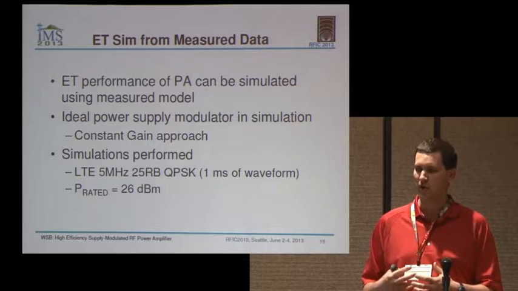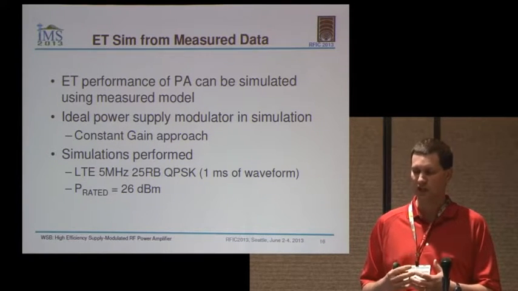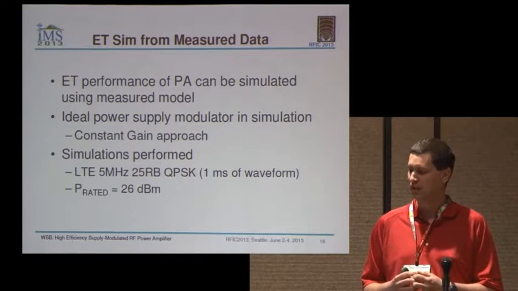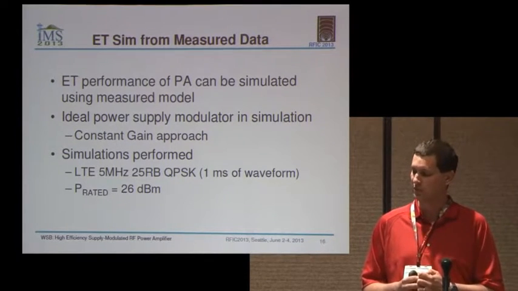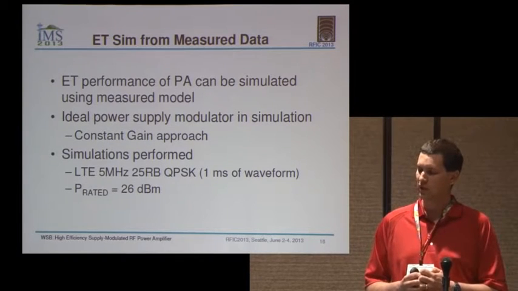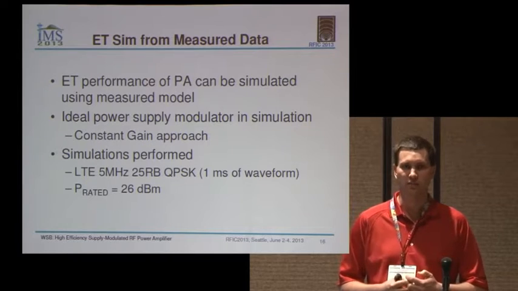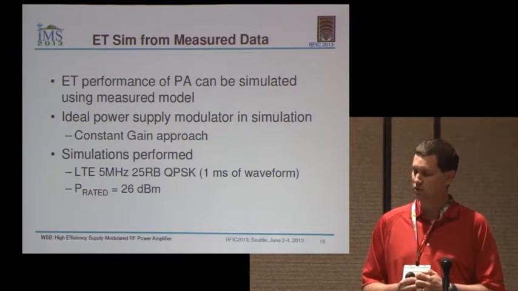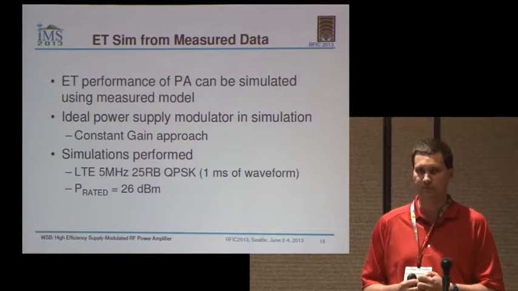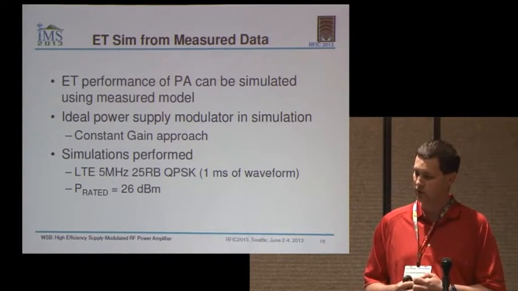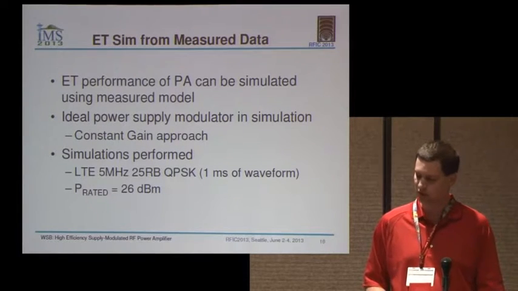So the supply modulator in our simulation is primarily taking care of mapping the lookup table and doesn't really contribute to efficiency. Our goal here is just to evaluate the PA efficiency. So we set the simulation up to operate with the LTE 5 megahertz 25 resource block QPSK signal. We used about 1 millisecond of the LTE waveform in the simulation, and the same rated power target of 26 dBm.